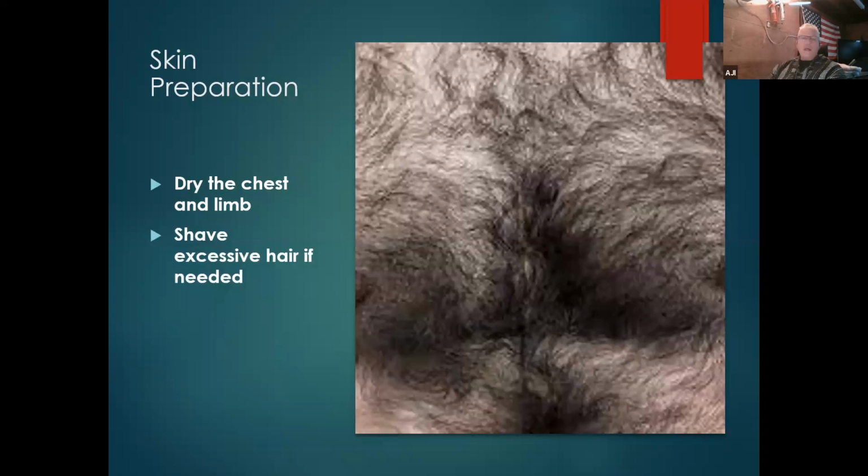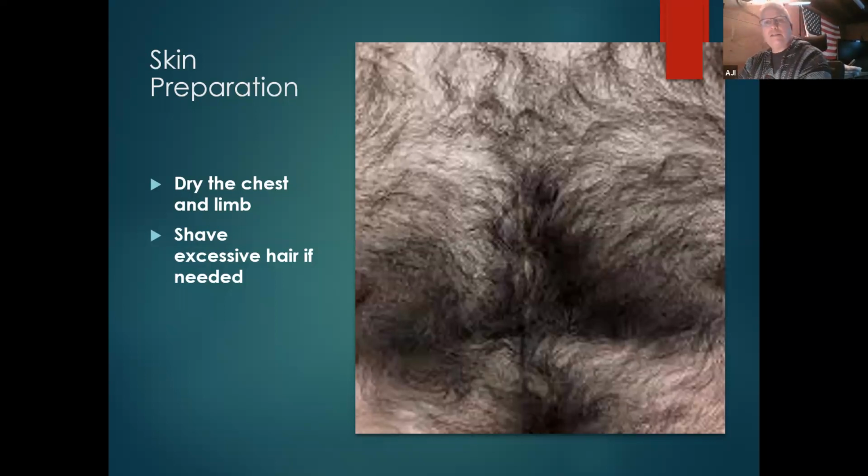You're going to have one step away from Chewbacca. He may even growl at you like Chewbacca when you pull a razor out and say, "Sir, I have to shave your chest." But I've been working at this look for years. It's okay, sir. We're shaving your chest. Because if you don't have a good connection, you're not going to get a good diagnostic EKG.